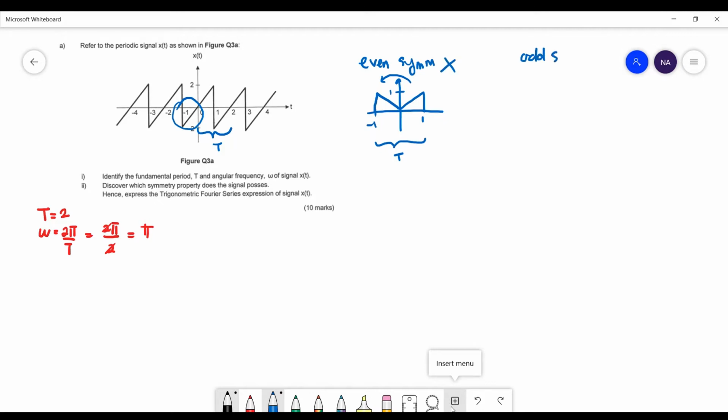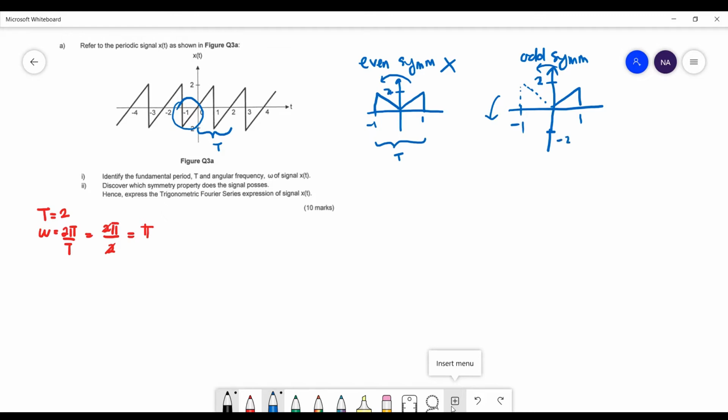So how about odd symmetry? So again, the half cycle here. For the odd symmetry, first you need to flip like even, flip first, and then flip 2 times. So until, oh sorry, this one is not 1, this one is 2.